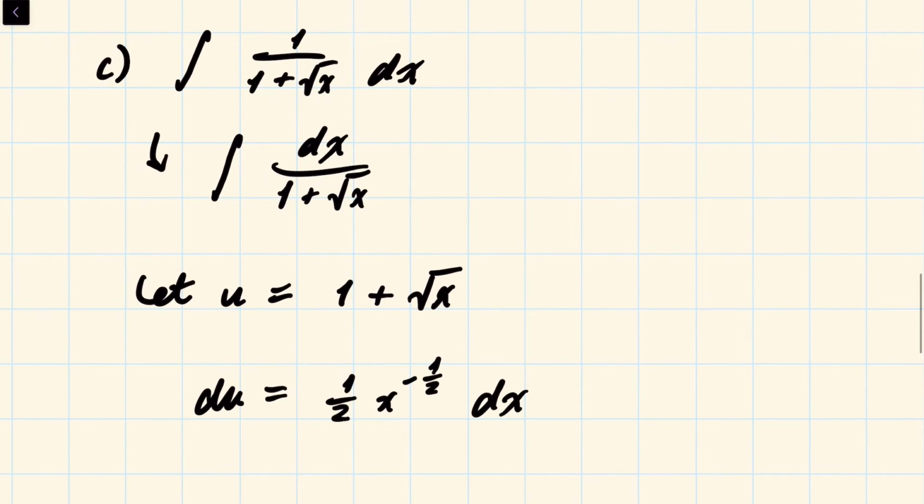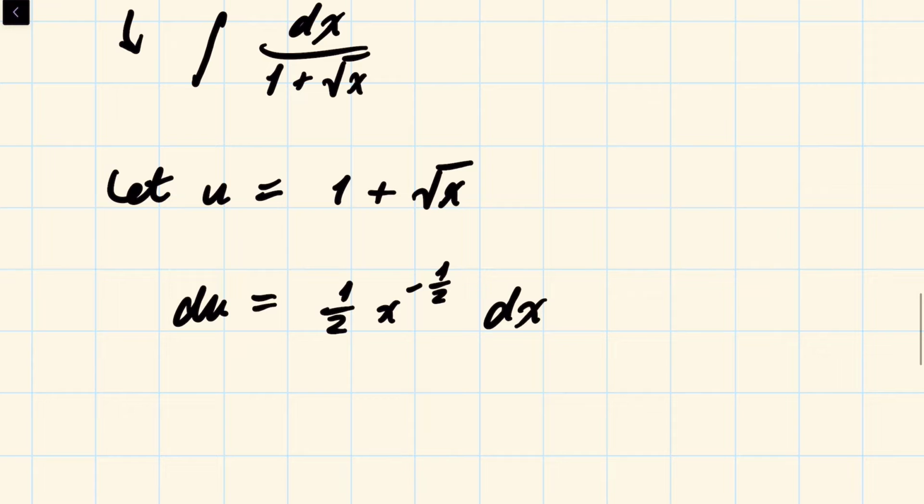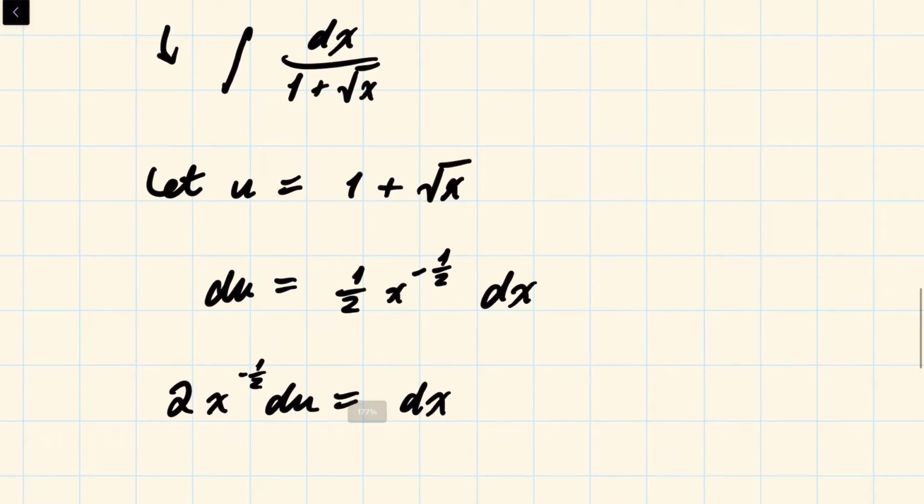And let's isolate for dx now. Multiplying both sides by 2 and x to the half, not x to the negative half, just to cancel it out, we are going to get 2x to the half du equals dx.